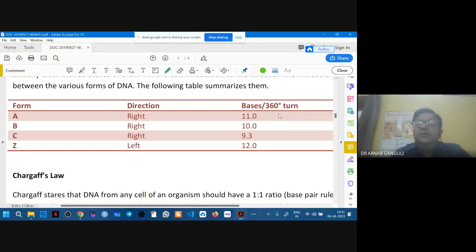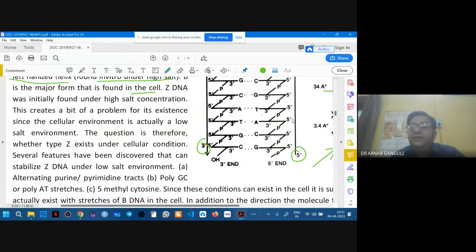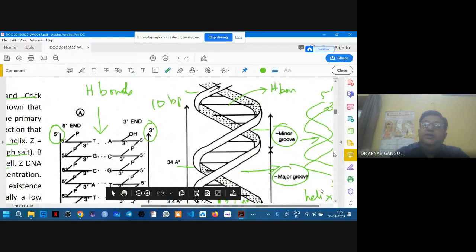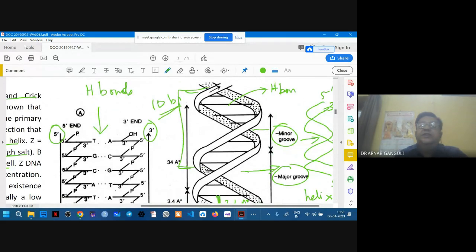So, per 360-degree turn, how many bases are there? In the B form, in one turn from the top to the bottom, from here to here, 10 bases, 10 base pairs.